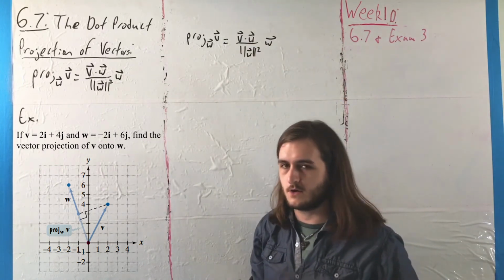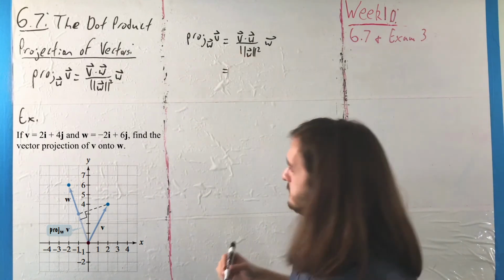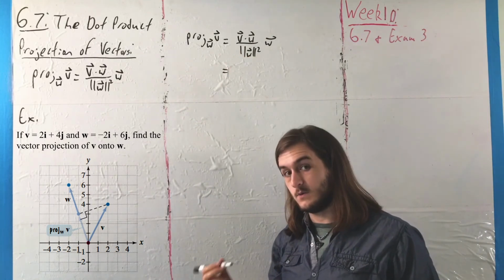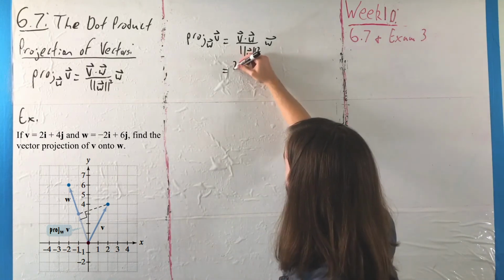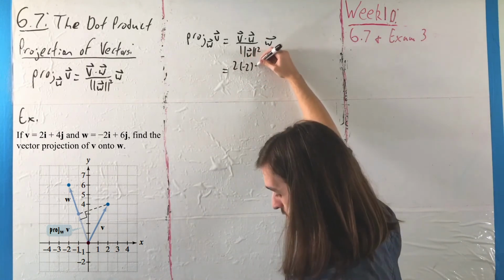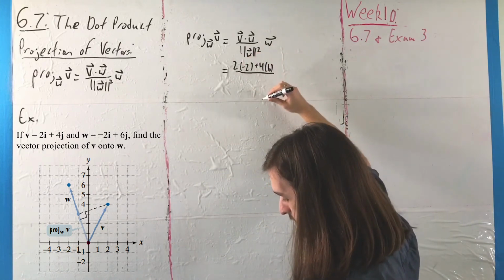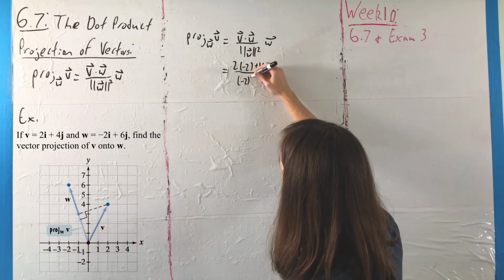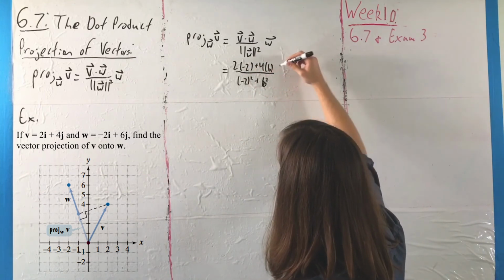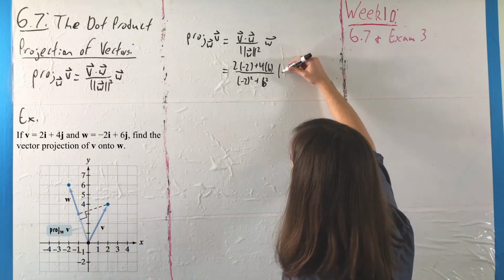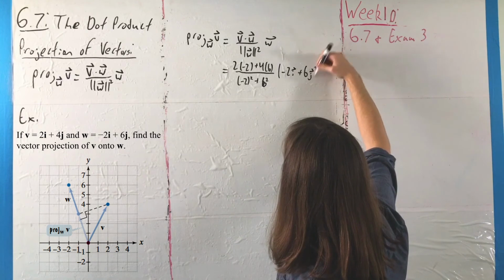Hopefully by now we're somewhat comfortable with the idea of working with a dot product. Here we will end up getting 2 times negative 2 plus 4 times 6 divided by negative 2 squared plus 6 squared, multiplied by the vector negative 2i plus 6j.